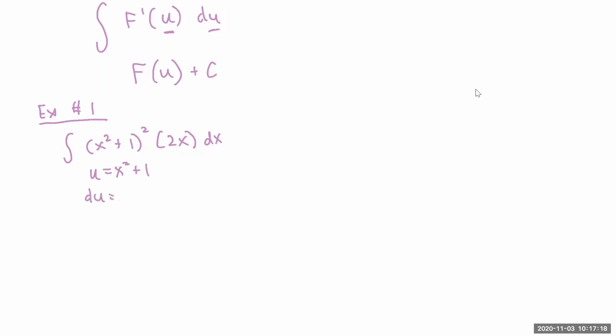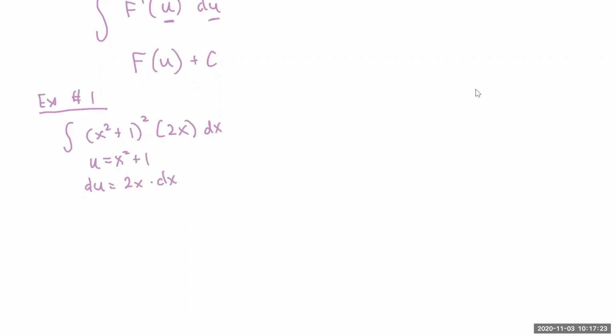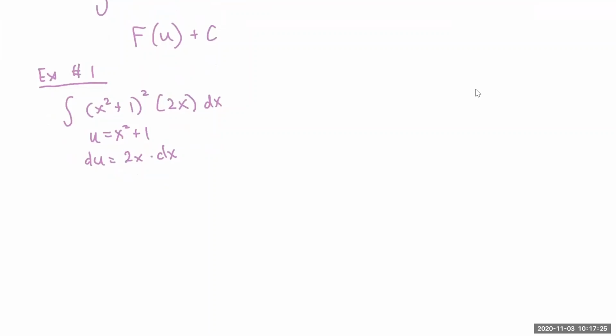So du is equal to 2x times dx. Right away, you'll notice that this falls in line with what you guys saw above. And one way of doing this is recognizing that all of that is du.